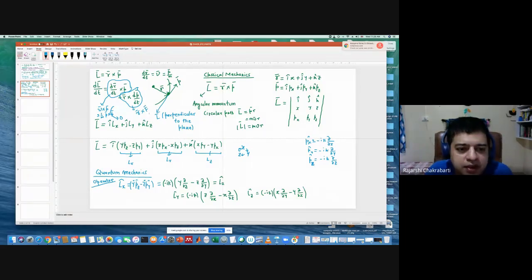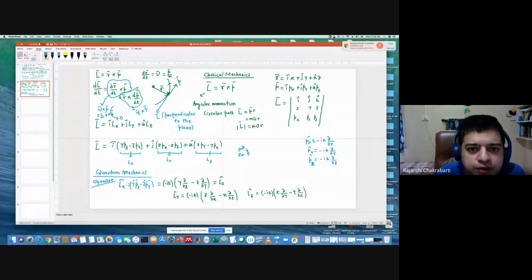Now I'm coming to Devojit's answer. We are doing a central force problem. What does it mean? F is a function of r and it is along the radial direction, isn't it?